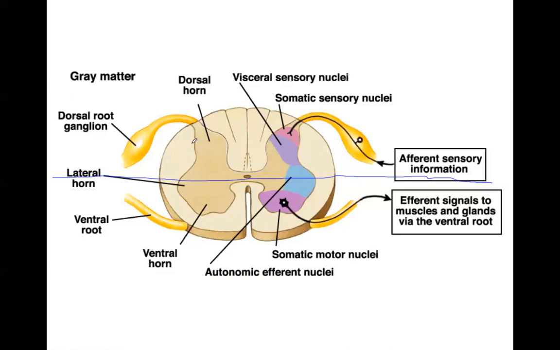So if I asked you, what are you going to find in the dorsal horn, you would tell me it's gray matter. That means it's cell bodies and dendrites. And because it's on the dorsal side, then you know that it's sensory, that it's afferent, that it's ascending, carrying information to the central nervous system.